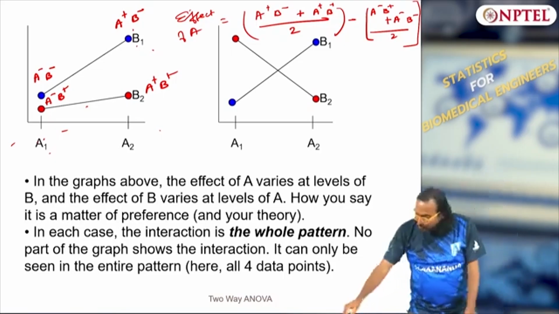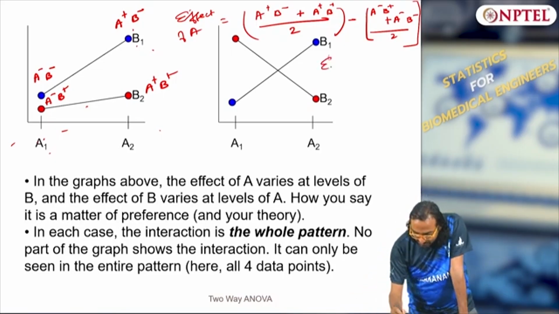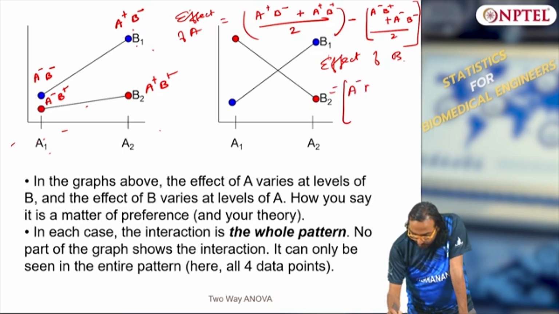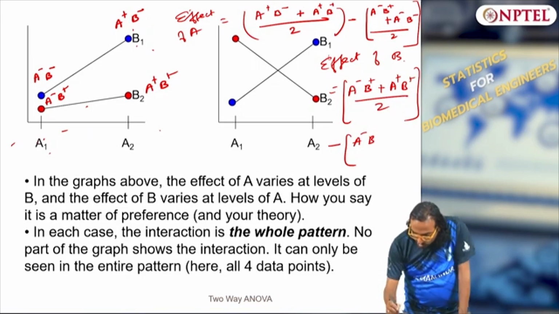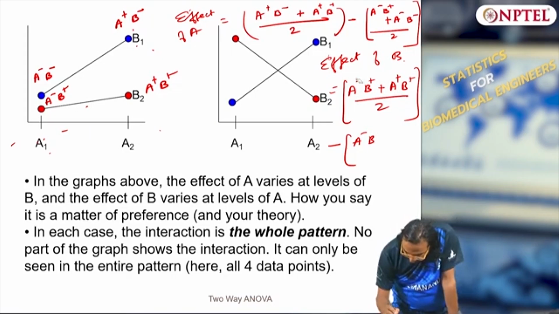What is main effect of B here? How do I write effect of B? A negative, B positive plus A positive, B positive divided by 2 minus A negative, B negative. Sorry, this is wrong.